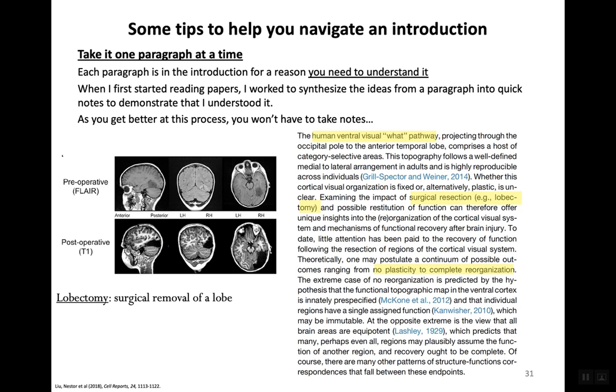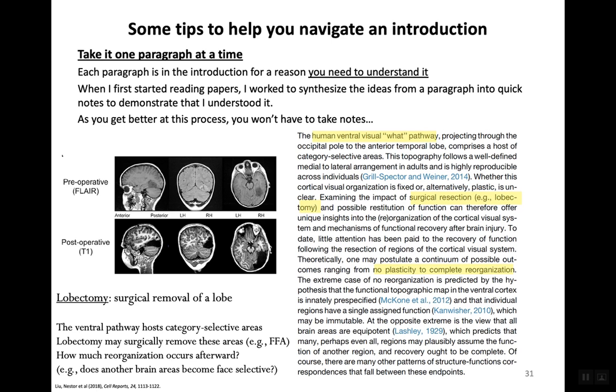So then, based on what we have discussed so far, we can look into what the 3 points from this paragraph might be. Well, one is that the ventral pathway hosts category selective areas, and we already talked previously about things such as the FFA and the PPA, so this is not new.